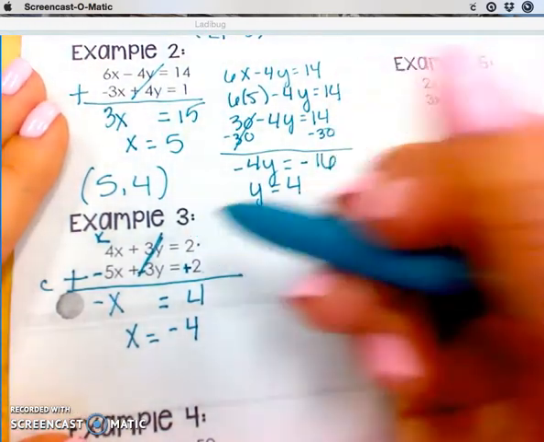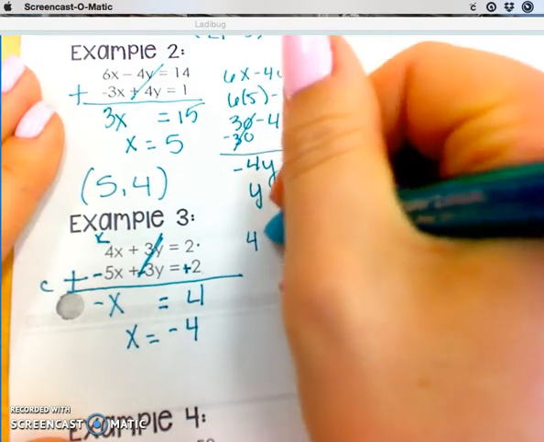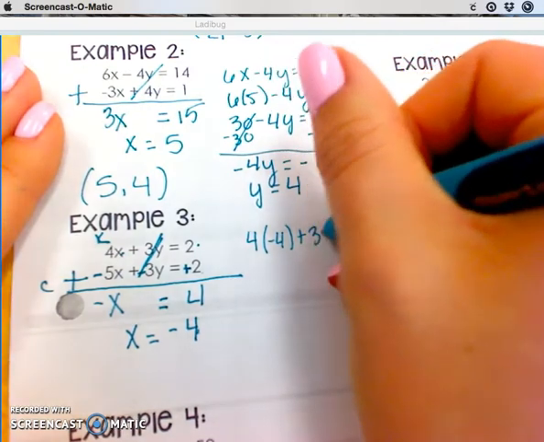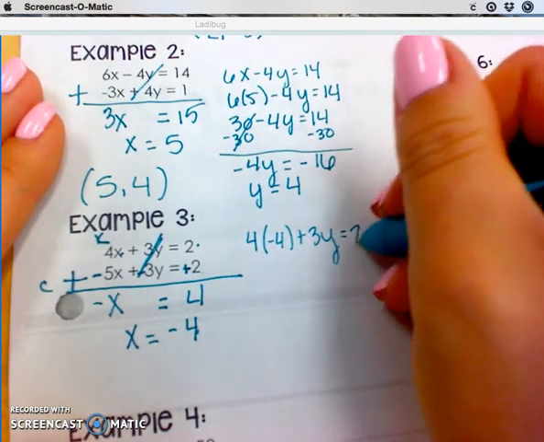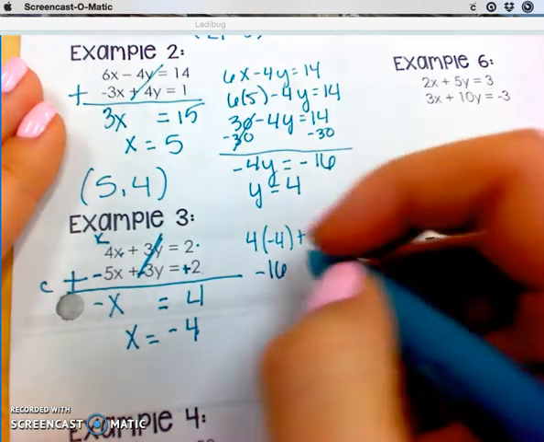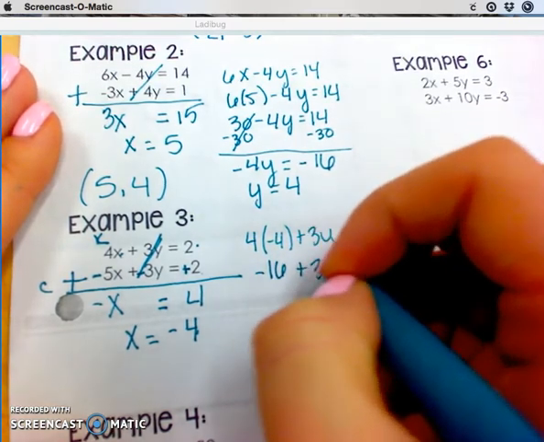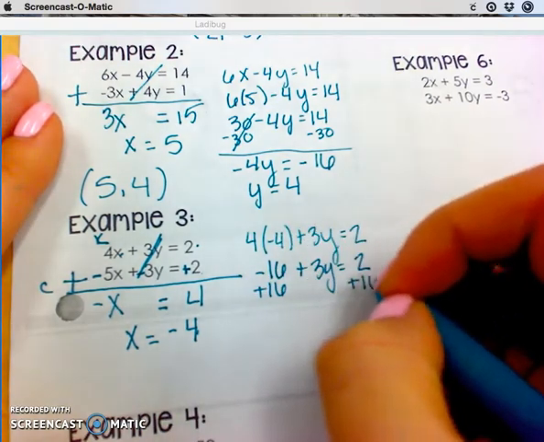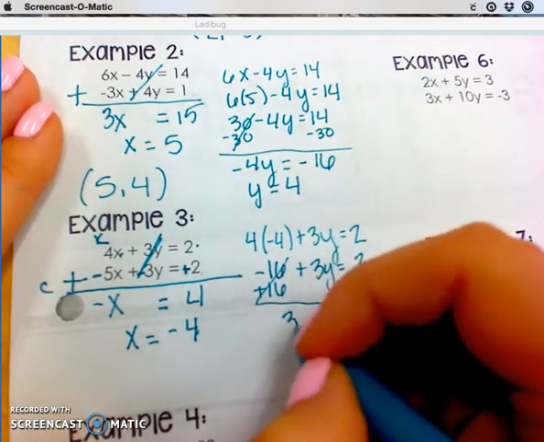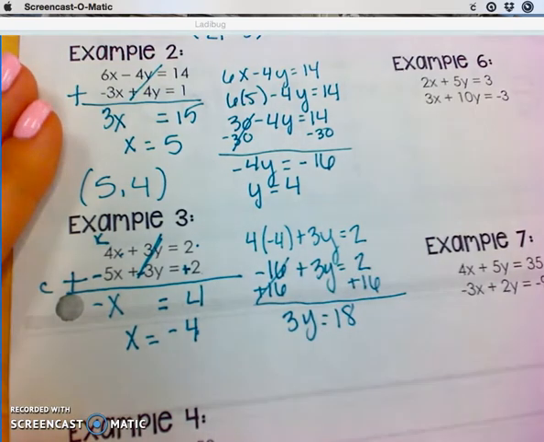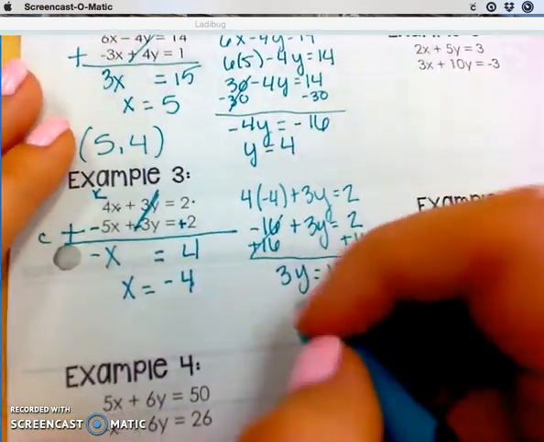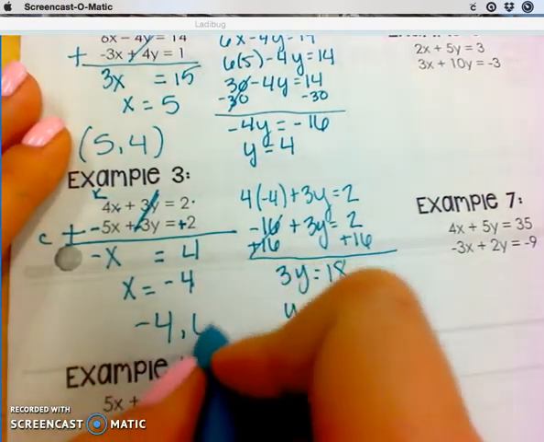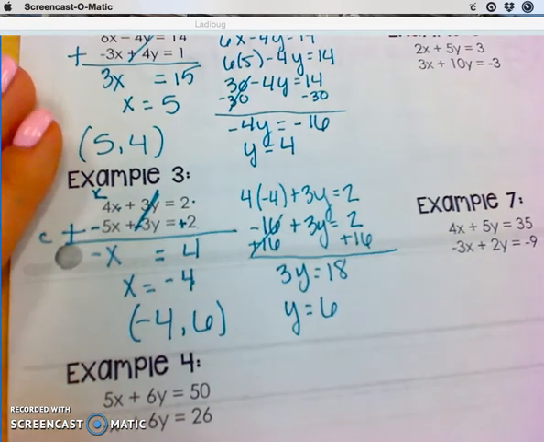Let's plug it back into the top equation. 4, not times x, I'm substituting in negative 4 plus 3y equals 2, and solve for y. Negative 16 plus 3y is 2. I'm going to add 16 to get rid of it. 3y equals 18. Divide both sides by 3. Y is 6. So negative 4, 6 is my solution.